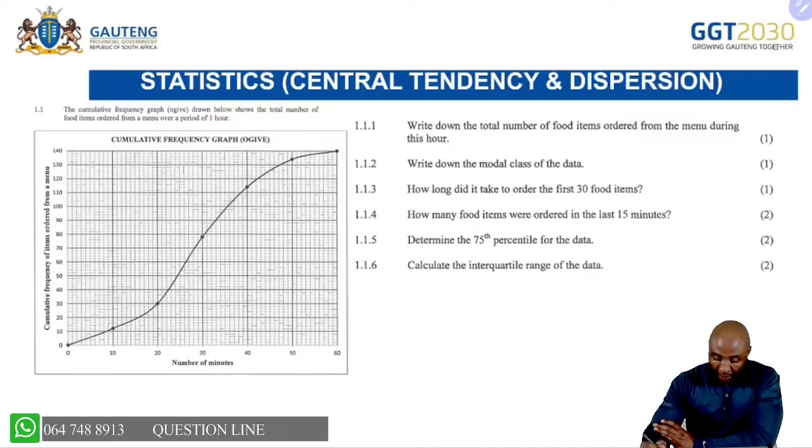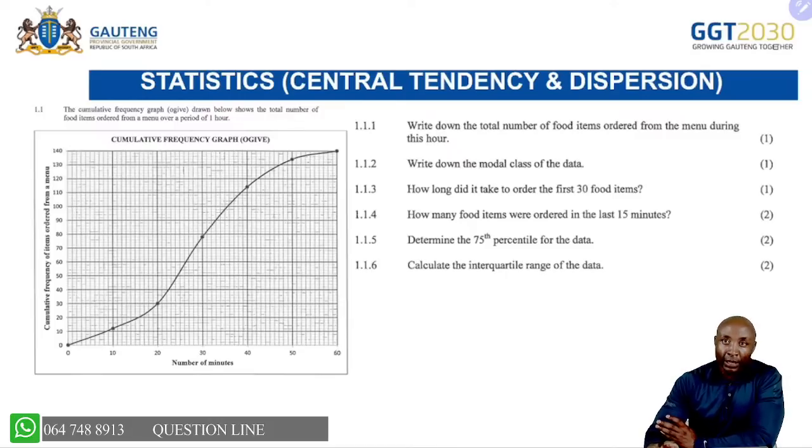Now, you are able to see that our ogive is already drawn for us. We need to know that 60 minutes is equivalent to 1 hour because there is no hour there. It's the number of minutes. So some of these basic conversions, we must know them. And we must read and understand the scenario.